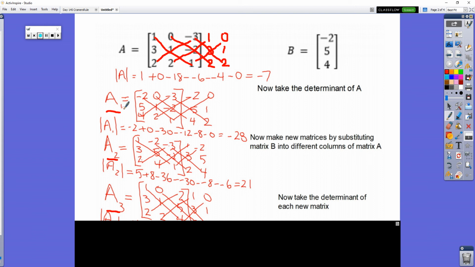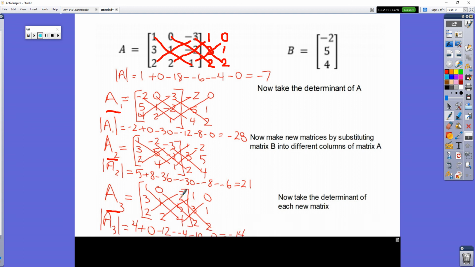The little number subscript next to the capital A tells you which column's being replaced. So for A1, we're using the -2, 5, 4 in the first column, but columns 2 and 3 are the same as the original. In matrix A2, it is the second column that's being replaced with the -2, 5, 4. Columns 1 and 3 are the same as the original. And for matrix A3, you can see that it is the last column, -2, 5, 4, is being replaced in column 3, but columns 1 and 2 are the same as the original.